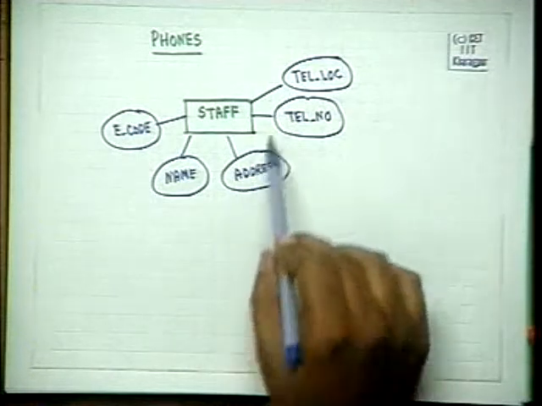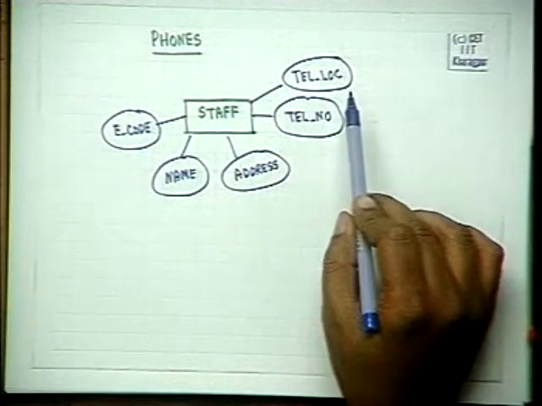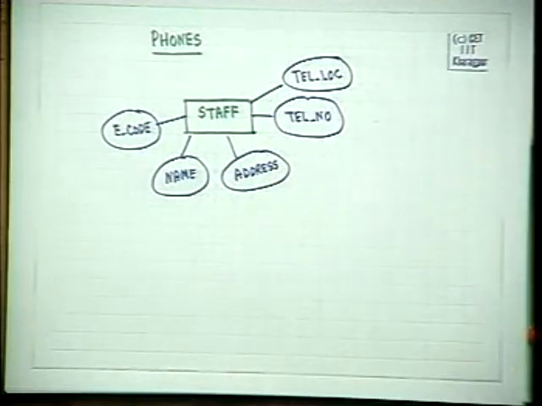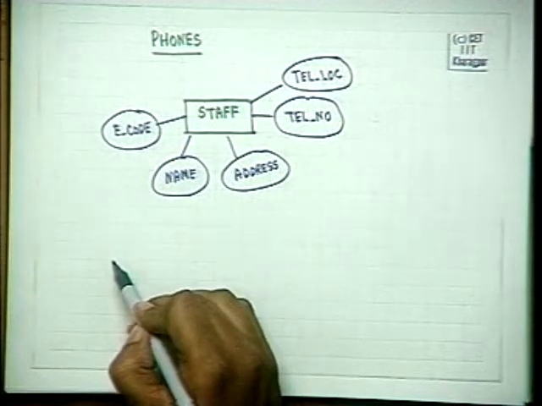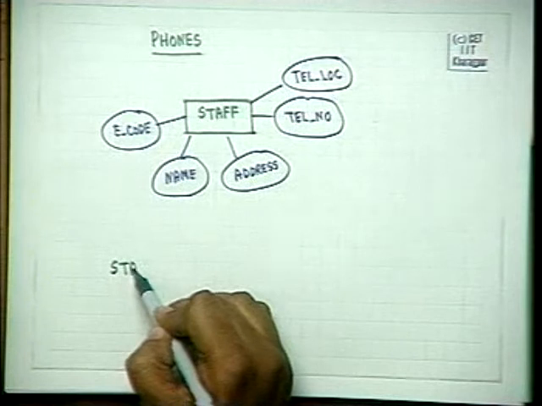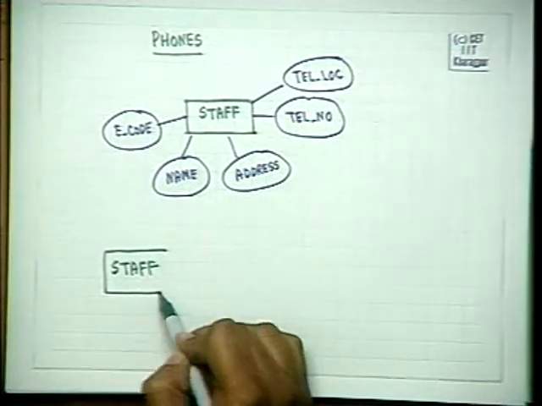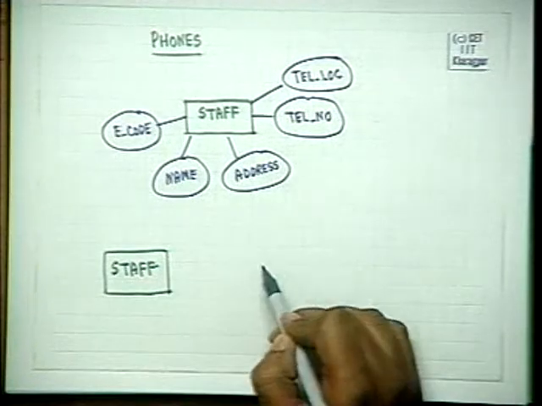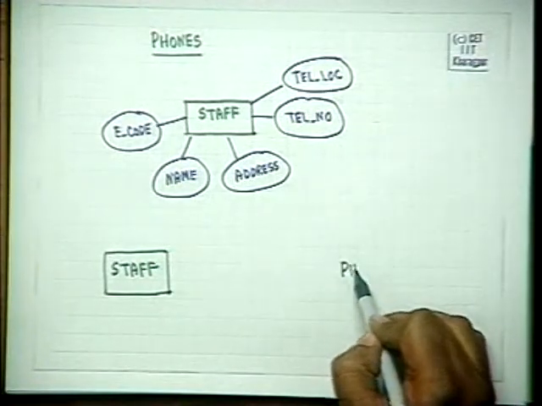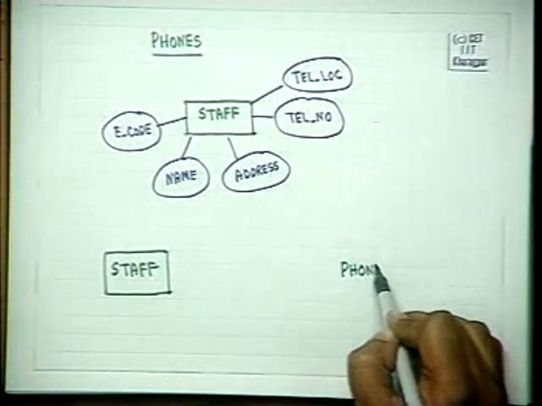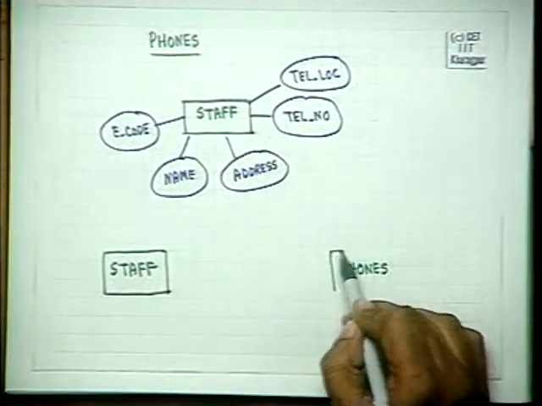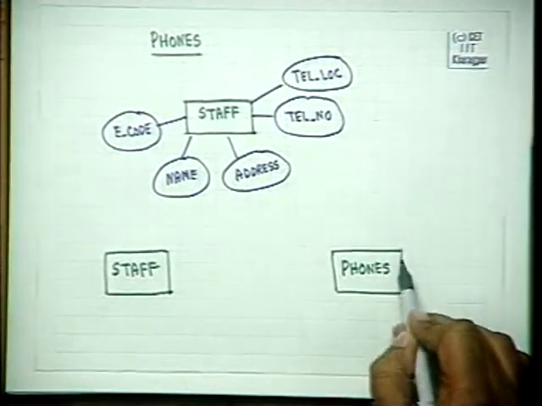Now, will we have one entity like this, or the alternative is we will have staff, we will have phone, and we will have a relationship.